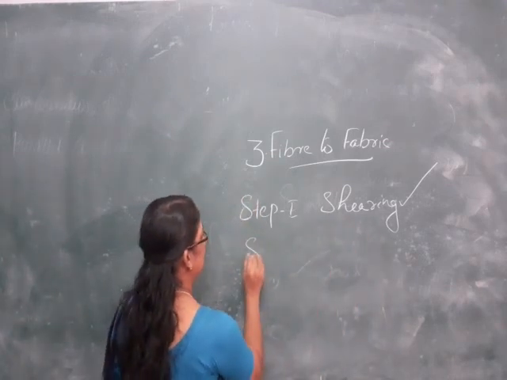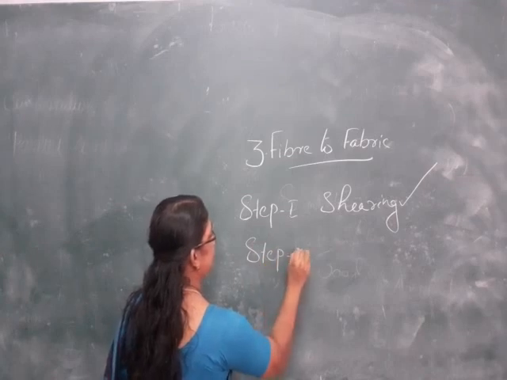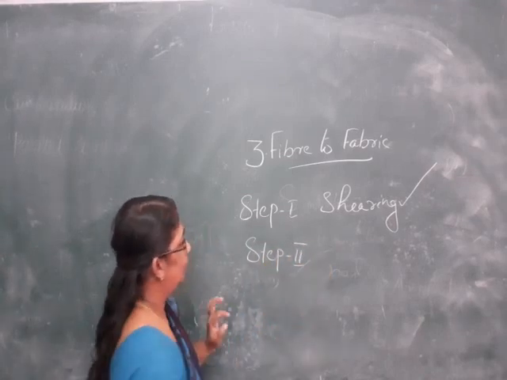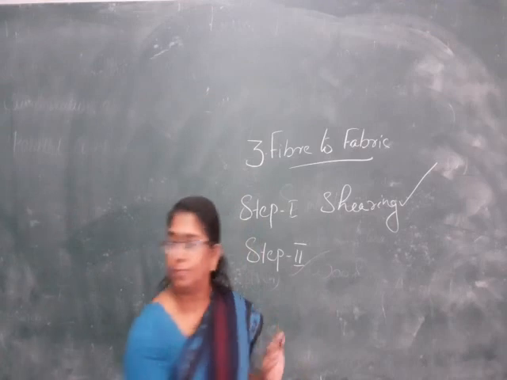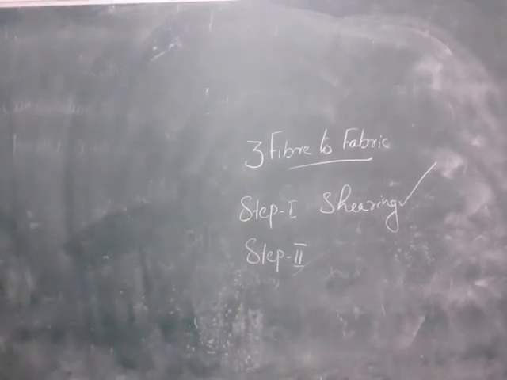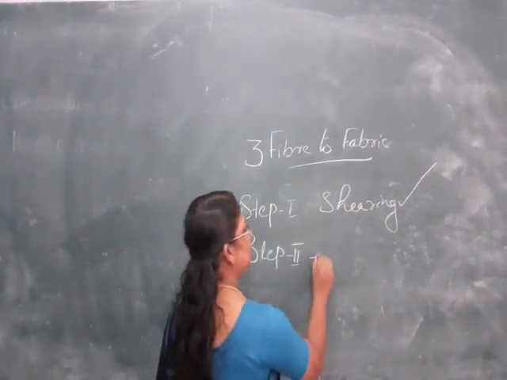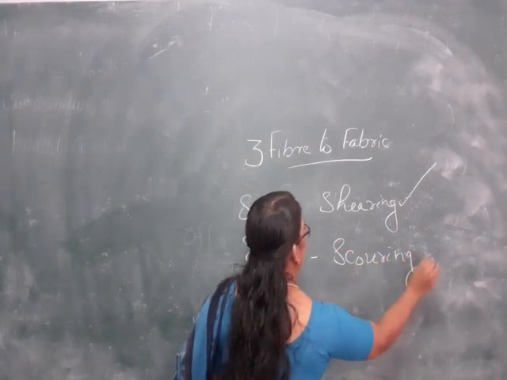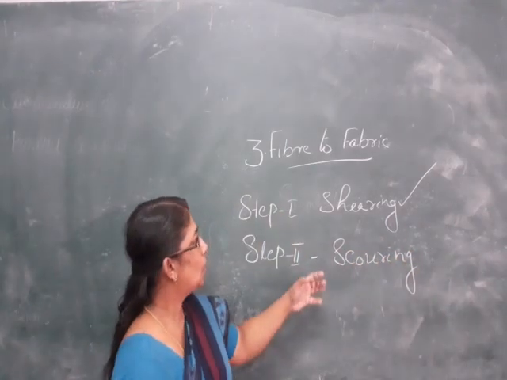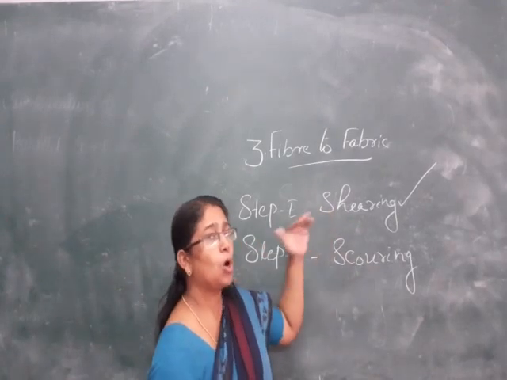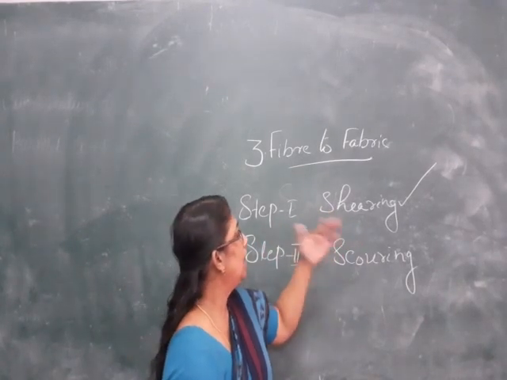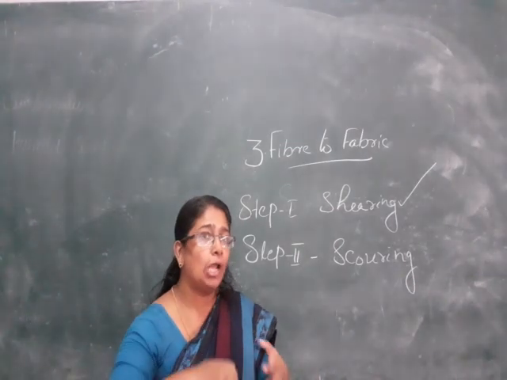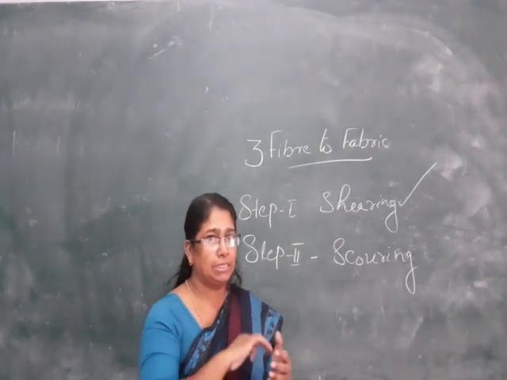Then, step 2, scouring. So what is scouring? Scouring is the washing of the fur, because we are cutting this fur along with a layer of skin, isn't it?